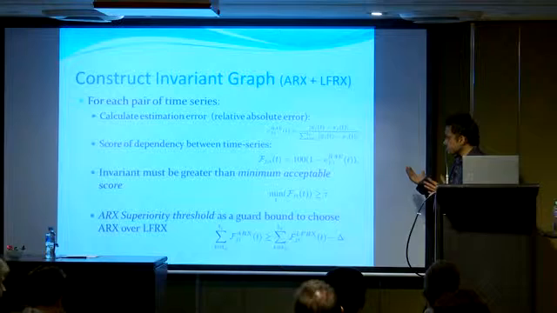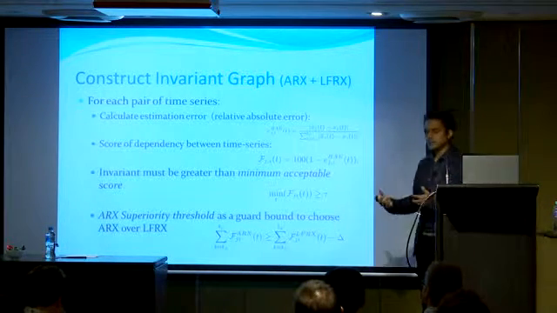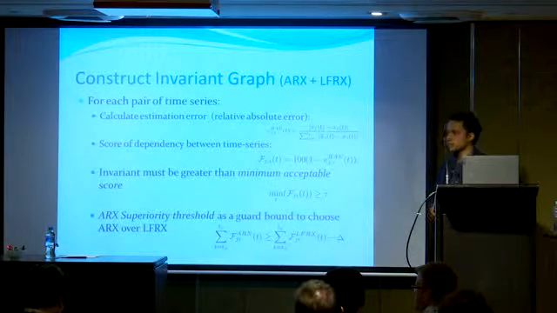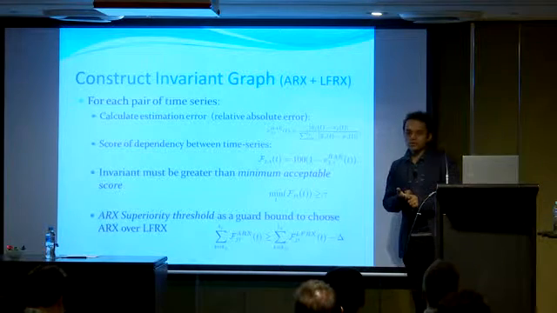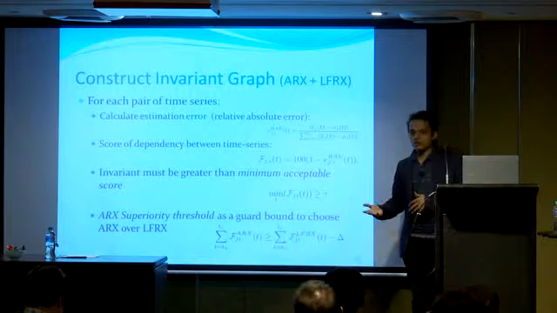And so there was a choice here when we were trying to find invariants from these microgrids, in cyber physical systems, to stop overfitting and also to have a trade-off, because LFRX is more costly to compute.